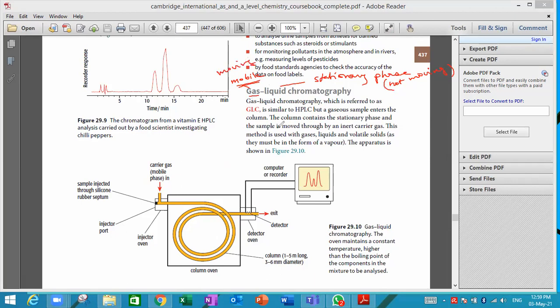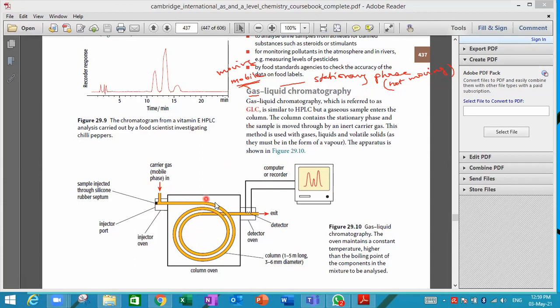Okay, so how can a stationary phase be a liquid? We said that we want something not moving, so liquids, all of them, should move. So how can we use them as a stationary phase? Here in gas-liquid chromatography, they use the column. You see, this is the column through which the separation will take place.